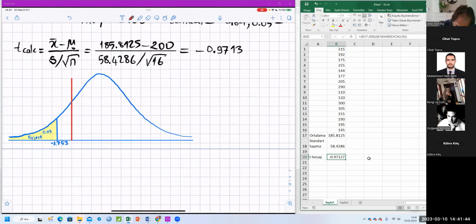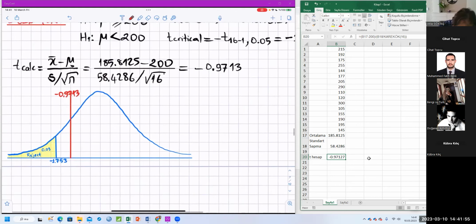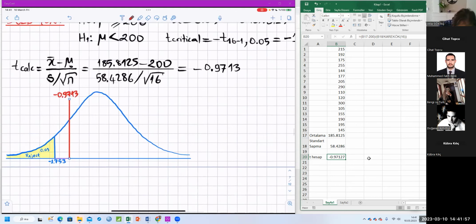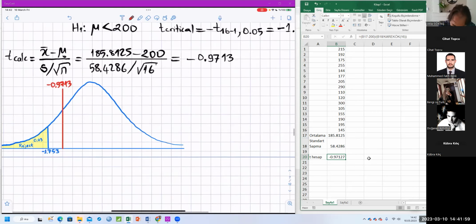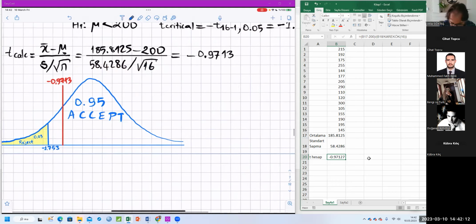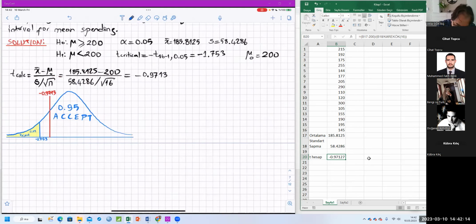It's right here, minus 0.9713. So this is the accept region, that's accept.